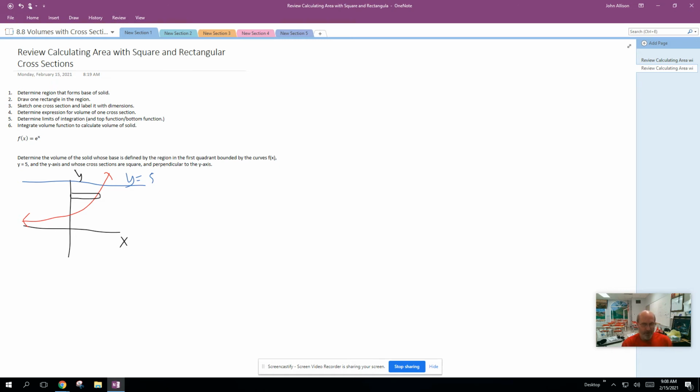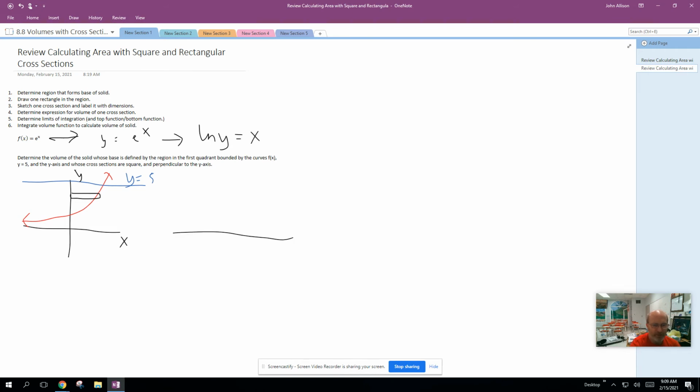Now, because it's easier for me to see when I'm integrating with respect to the horizontal axis, I'm going to flip this entire thing. And when I flip it, I'm going to solve the equation for x. If I want to solve this for x, I let y equal e to the x. I take the ln of both sides, and that gives me ln y equals x.